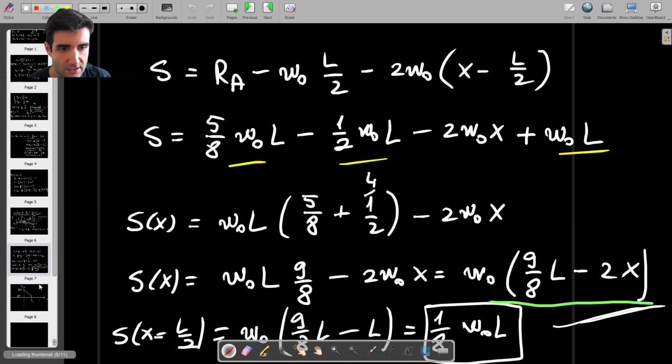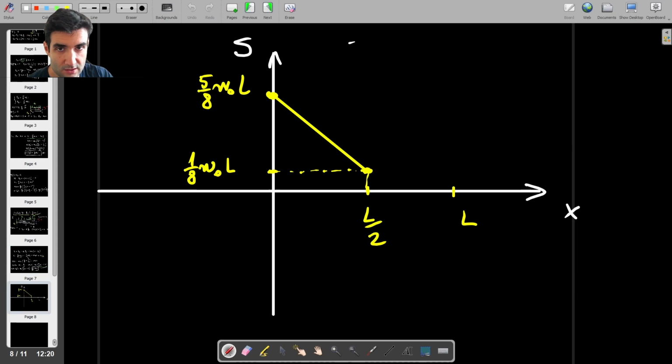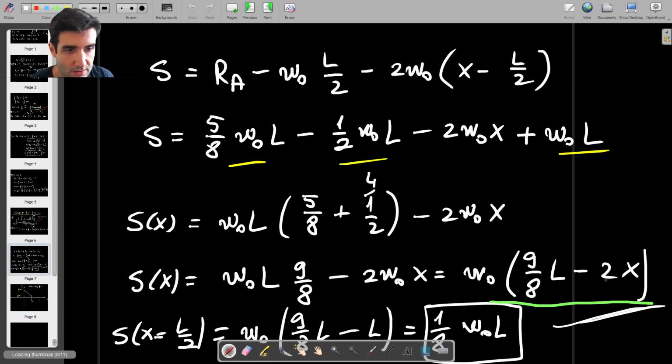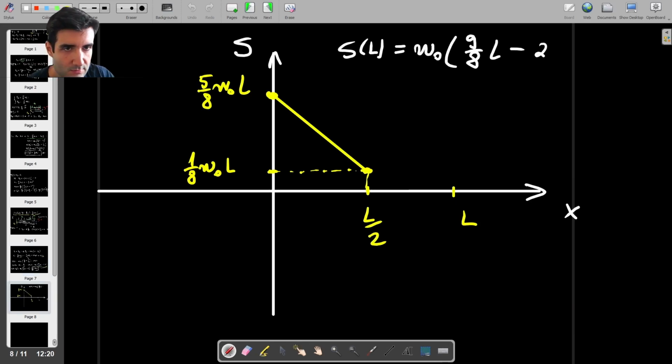So to figure that out, we're going to find another point, which is going to be at L. So S of L will be W naught, and then we have 9 over 8 L minus 2 times X. X will be L, so minus 2L, which should be a negative value.